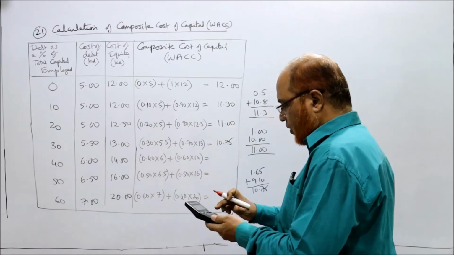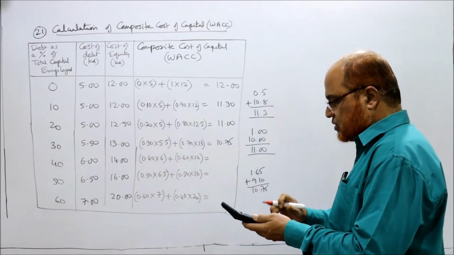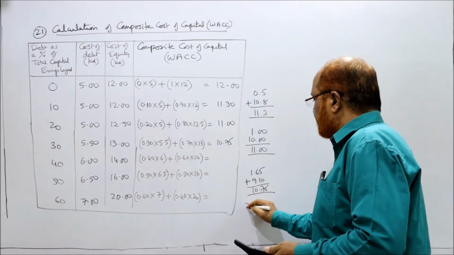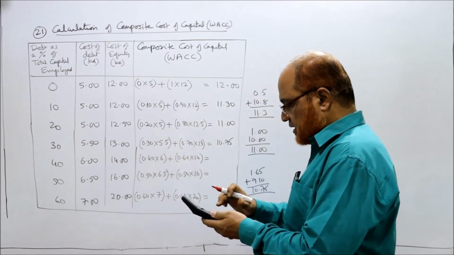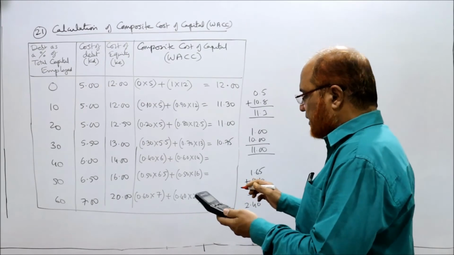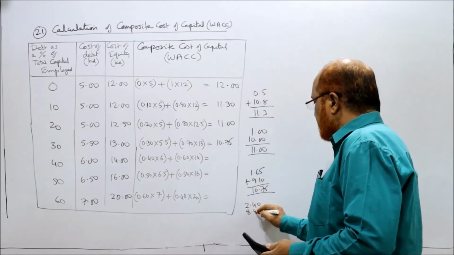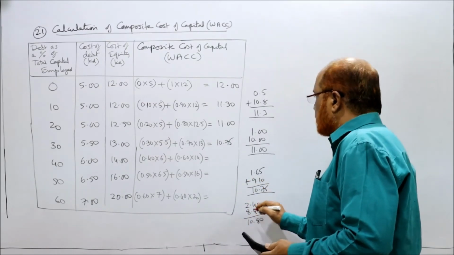Next one, 0.4 into 6, 2.4. 2.4 plus 0.6 into 14, you are getting 8.4. So 10.80.